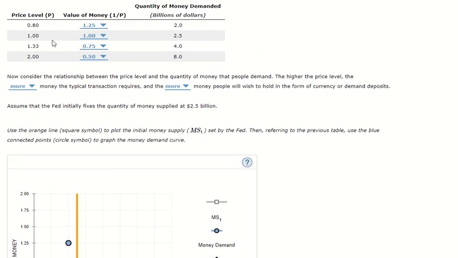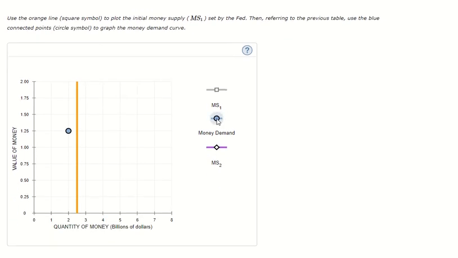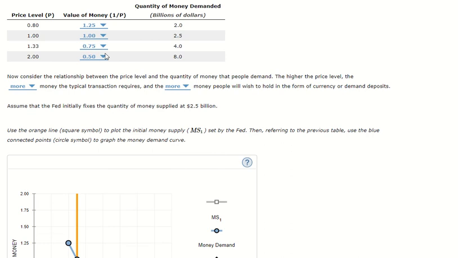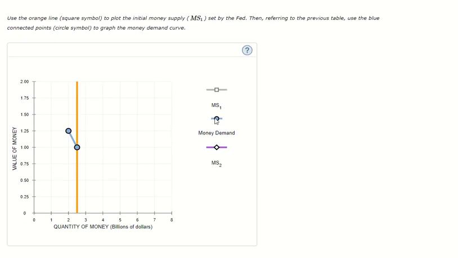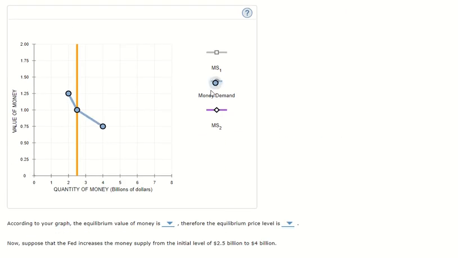Second one is 1 and 2.5. Next one is 0.75 and 4. Last one is 0.5 and 8. All right, so that's our demand curve.